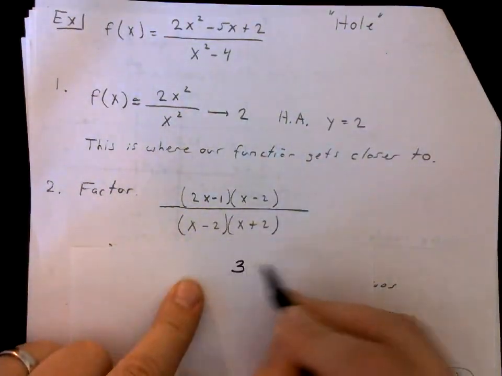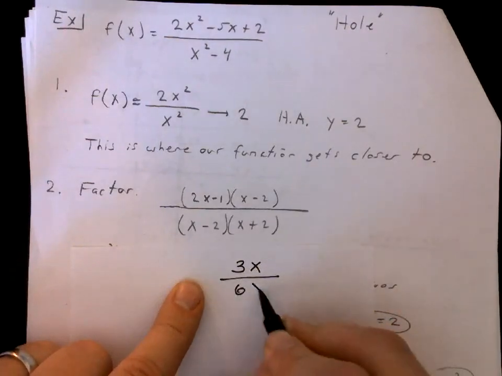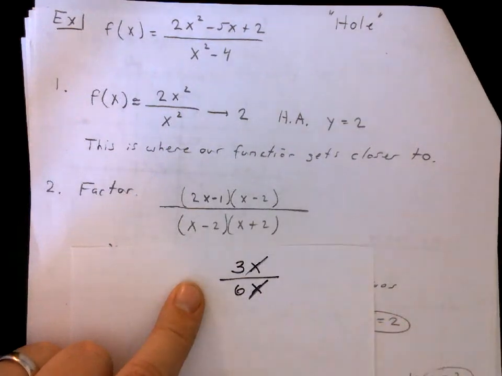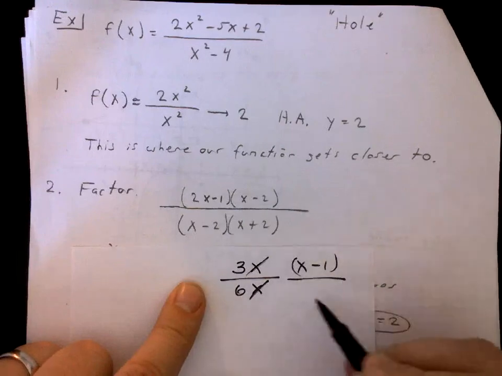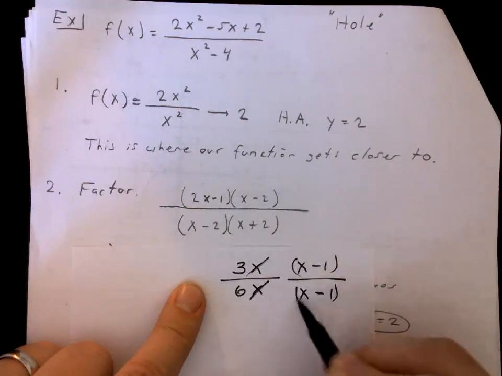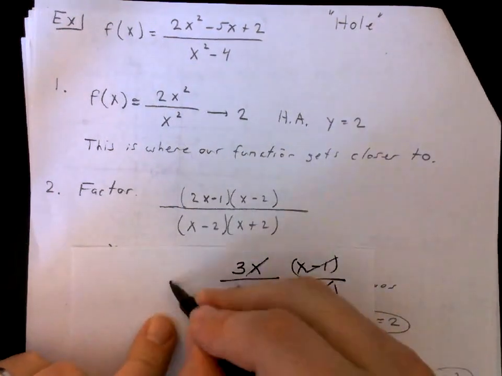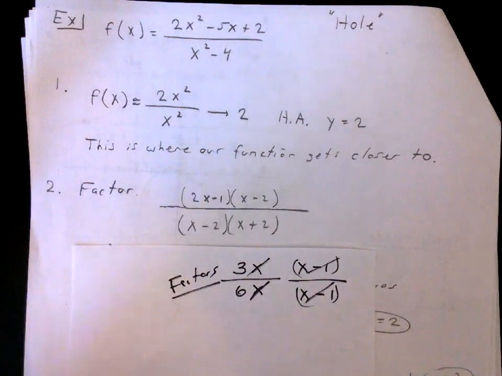So let's think about this. If you had 3x divided by 6x, you can cross out the x's. If you had x minus 1 divided by x minus 1, oh, those can cross out. So we can cross out what we call factors.